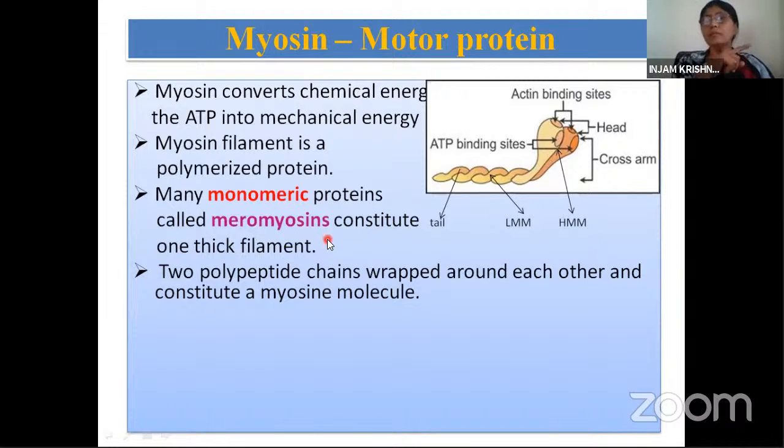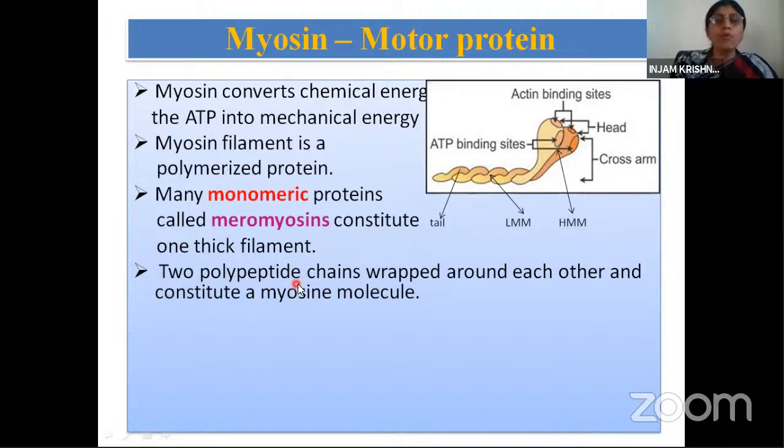Their globular monomers, here meromyosins. It is the single unit. Such a kind of meromyosins, several meromyosins together form the myosin filament, thick filament.